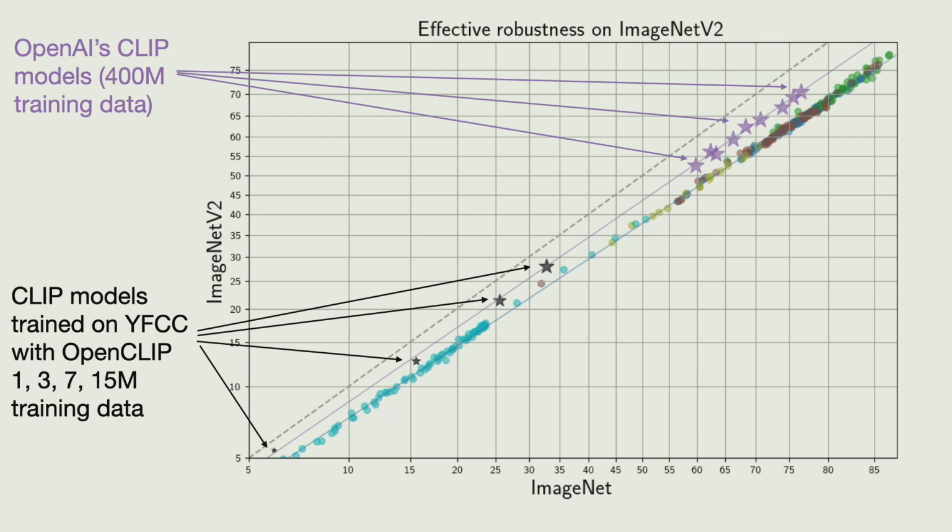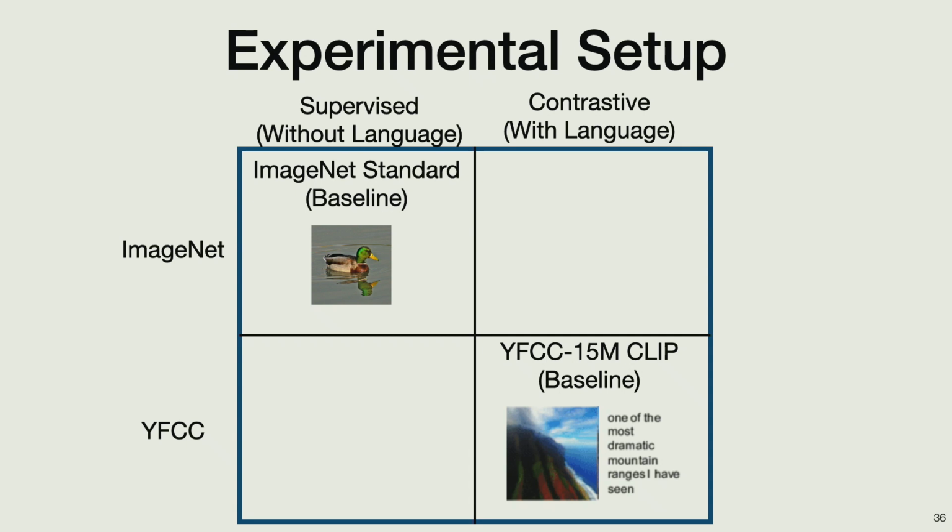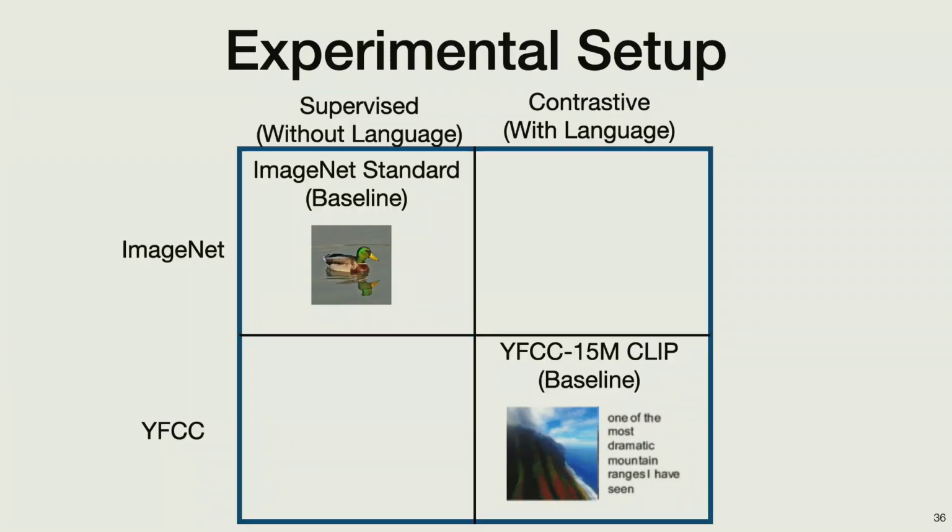Okay. Good. With all of these things in place, let's talk about the 2 main experiments we ran in order to figure out where the CLIP robustness comes from. At a high level, the main contenders were training distribution and language supervision. What we already had in the literature was supervised learning without language on ImageNet. This is basically what everyone did for 10 years. And then we also had contrastive learning, so with language, on YFCC.